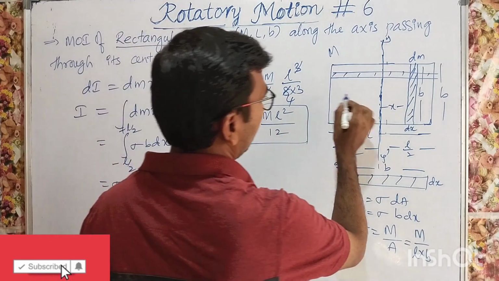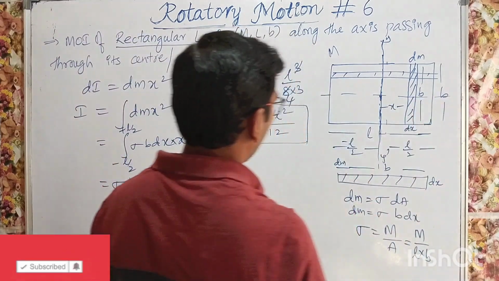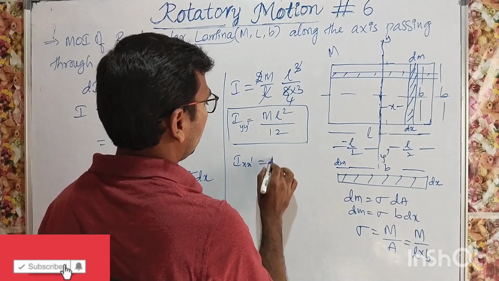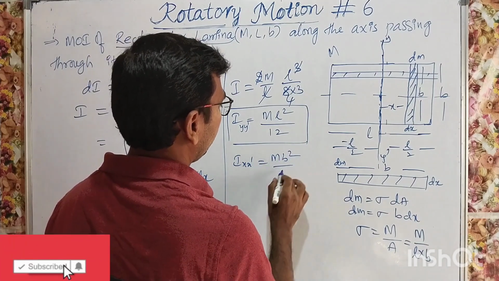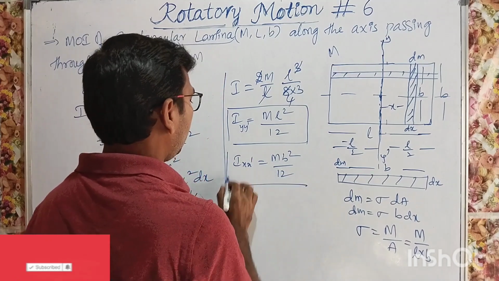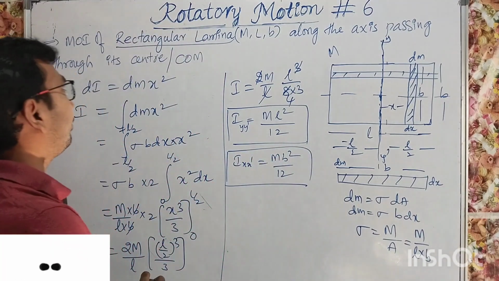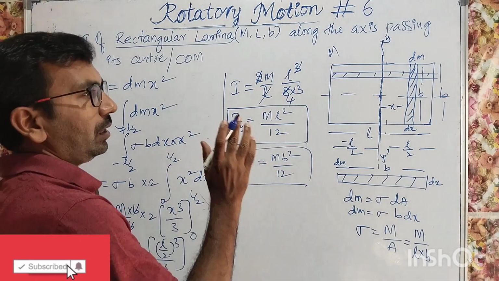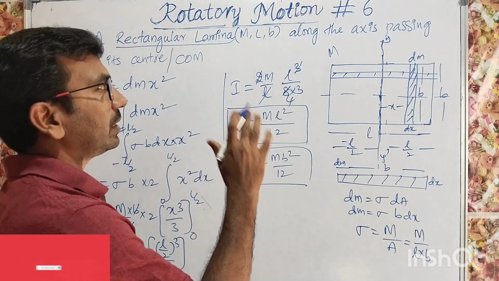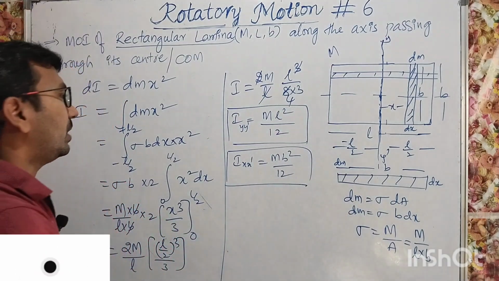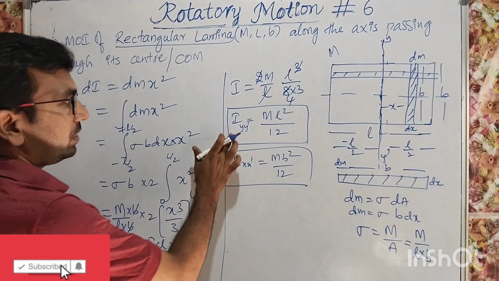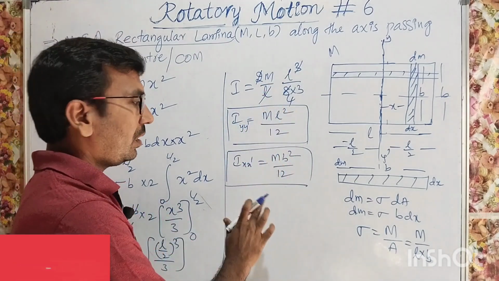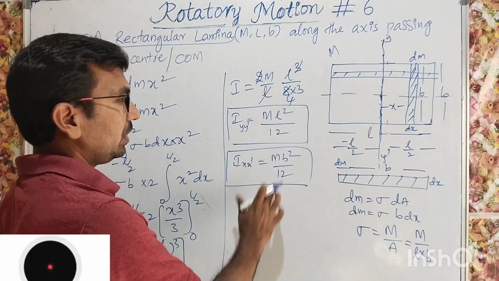In case you consider it along the x axis, I x dash is M B square by 12. So this is the moment of inertia of a rectangular lamina of mass M, length L and breadth B, along the axis passing through its center of mass: along the y axis ML square by 12, along the x axis MB square by 12.